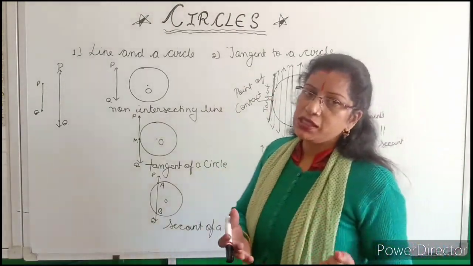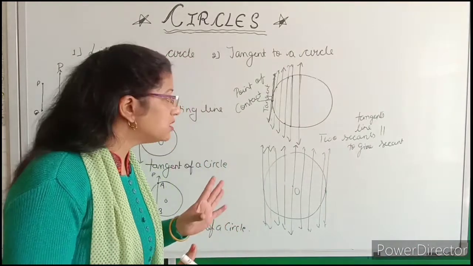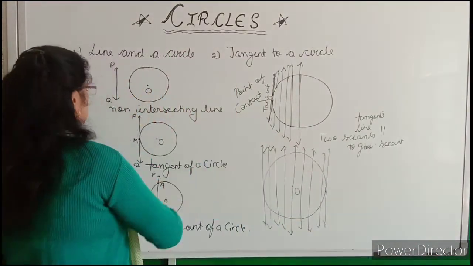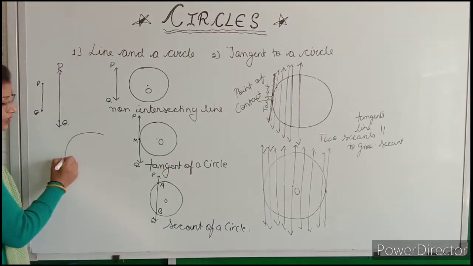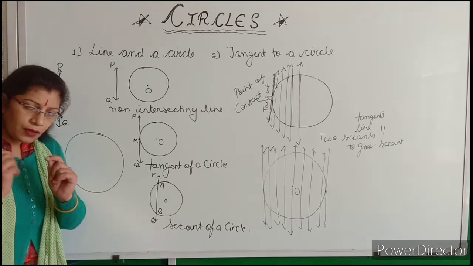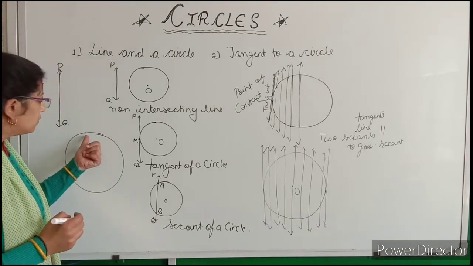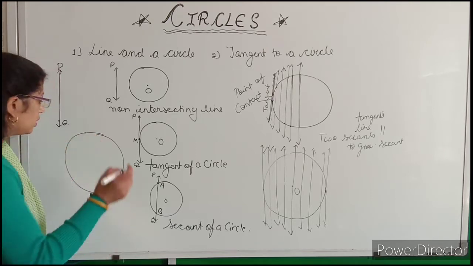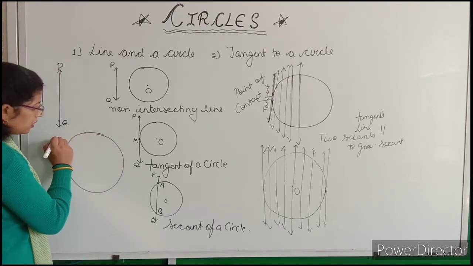And one more thing arises: how many tangents are there at one point of a circle? If I am taking this point on the circle, how many tangents can be drawn from this?